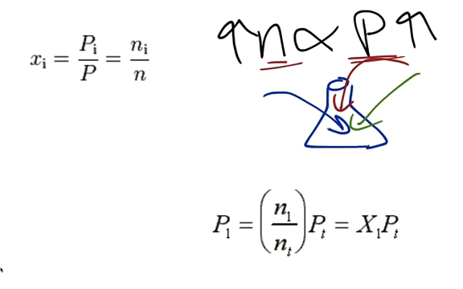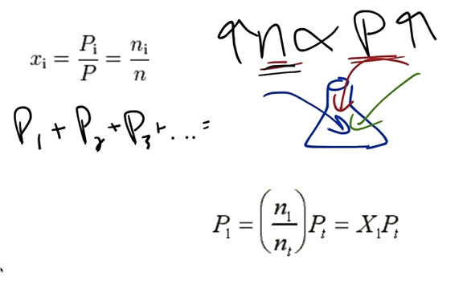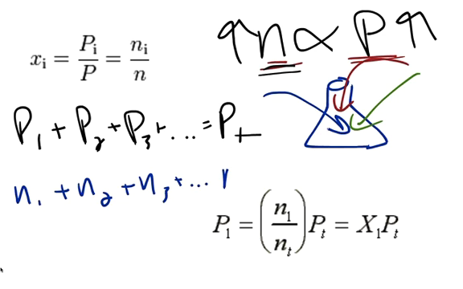Well, the other thing that is true is that because we add up all the pressures to find the total pressure, we also add up all the moles to find the total moles. So P1 plus P2 plus P3, and so on, is equal to pressure total. Well, it's also true that moles of 1 plus moles of 2 plus moles of 3, if we add those all up, we're going to get moles total.